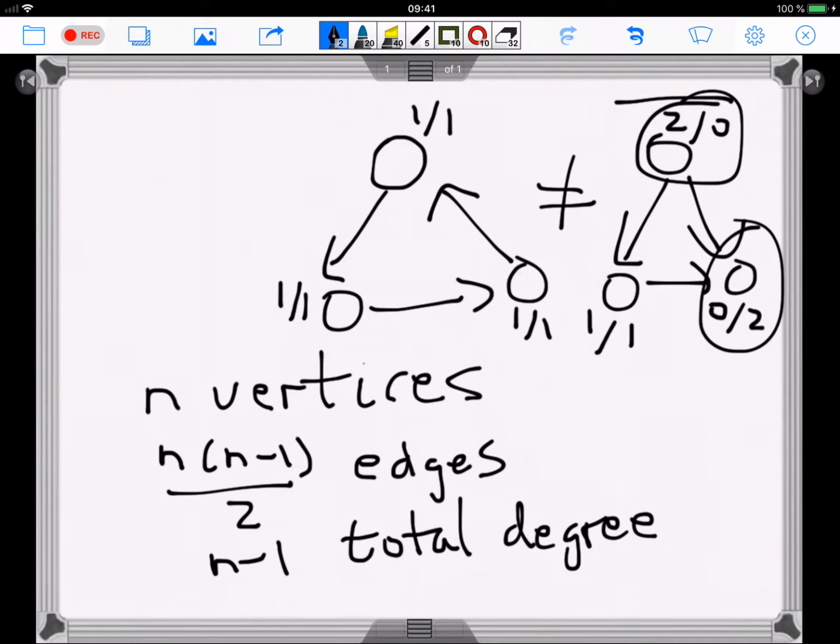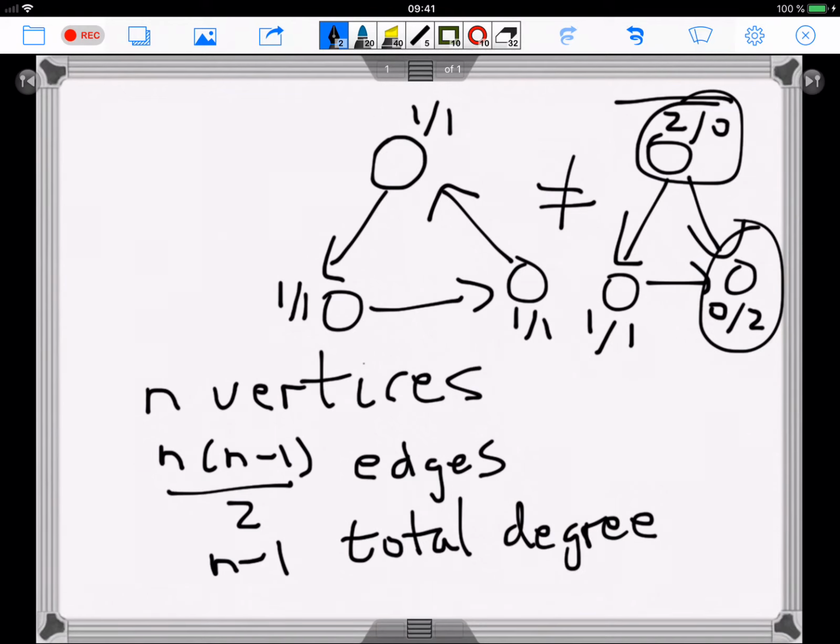Okay, because again, if we consider the complete graph with no directions, we know that the degree is n minus 1. Then we give direction to the edges. They either go out or in, but the total number of edges that are incident in the vertex is still n minus 1.